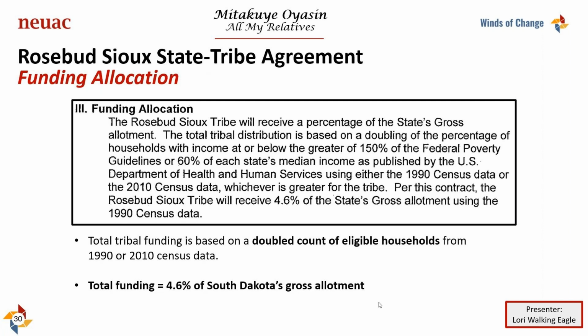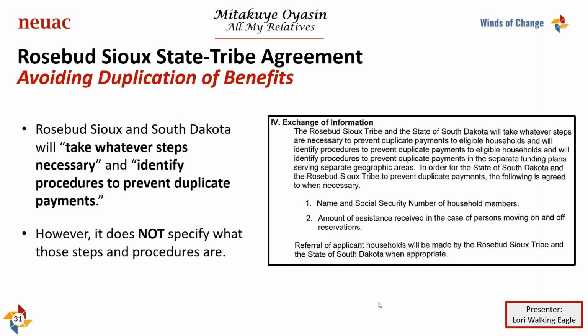We usually go by the 150% of the income poverty guideline when we are certifying LIHEAP individuals. Do you guys have any questions yet?